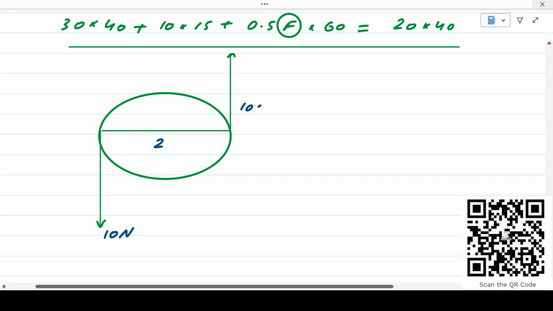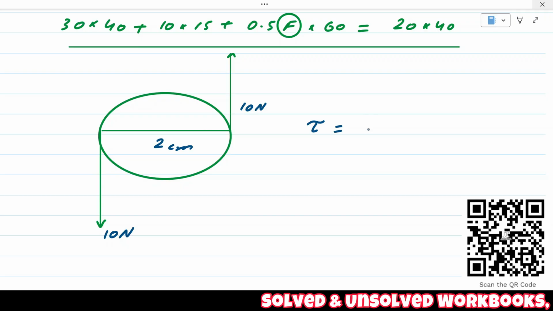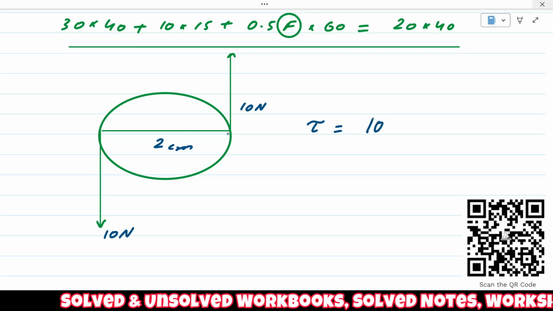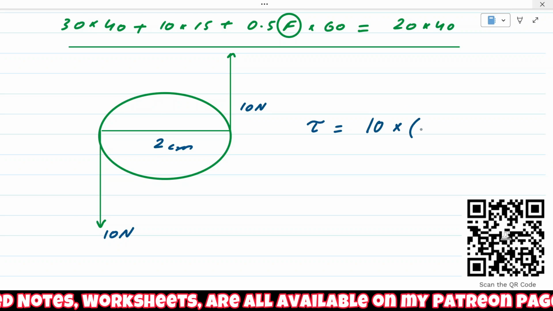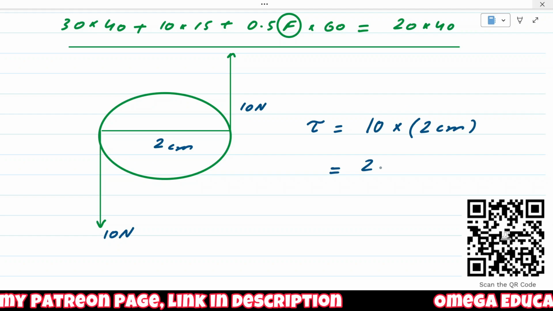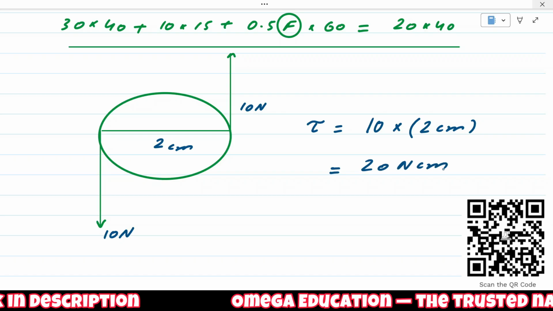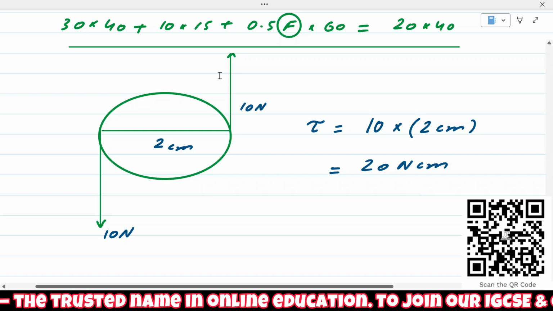Find the torque produced by this couple of forces. How do you find it? Simply take one value of force, and multiply by the distance between them, which would be 20 Newton centimeter. But if you have to convert it into meters, you'll do it by yourself.